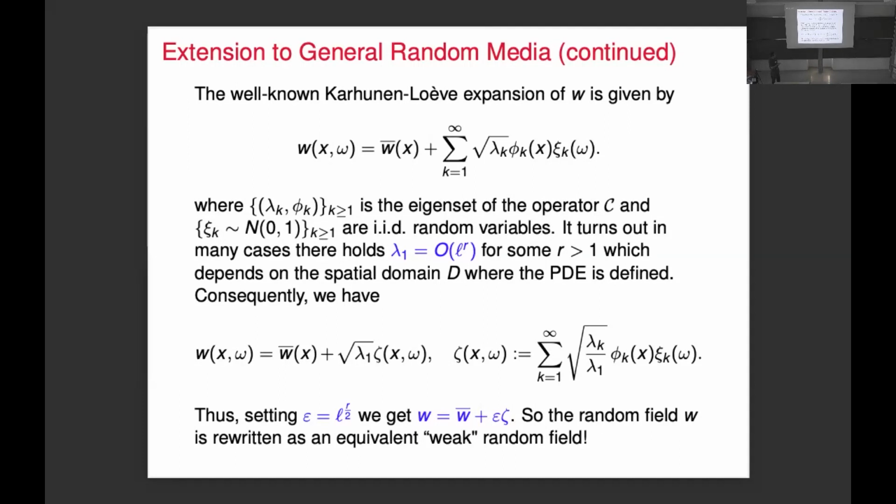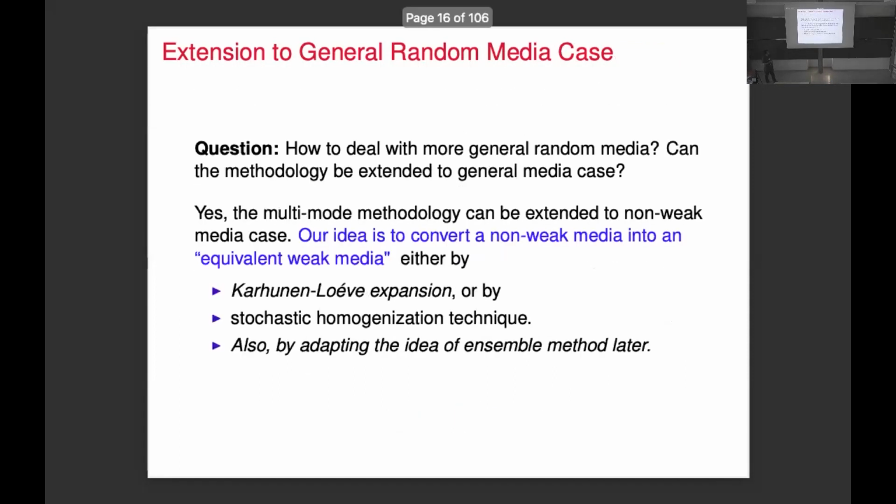This lambda 1 is the power related to epsilon. It's a small parameter, and we just call it epsilon. So you rewrite your Gaussian variable equivalently into this weak media form. Then using the framework I presented earlier, you can handle this general case. So this is one example, and we reformulate. You can do a more sophisticated one using the stochastic homogenization technique, to reformulate your coefficient into the weak media case.